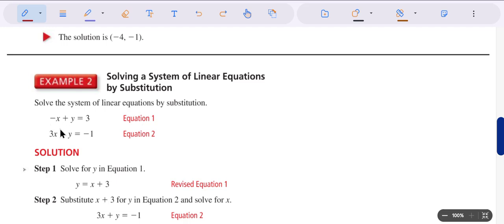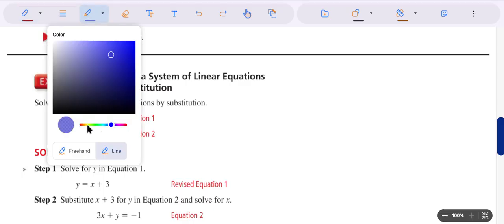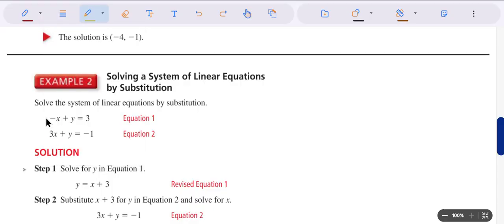In this case, the first equation is negative x plus y equal to 3. Then the second equation is 3x plus y equal to negative 1.